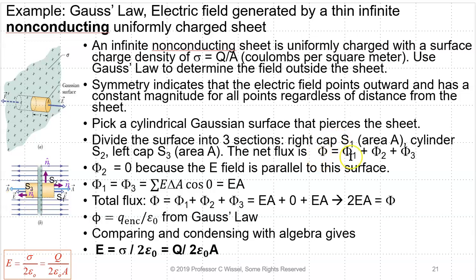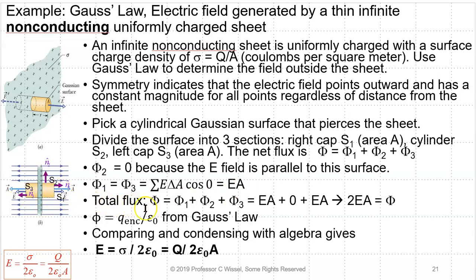The net flux is just the sum of the individual fluxes through all these areas. So flux equals phi1 plus phi2 plus phi3. Now, the flux through 2, which is this cylindrical surface, is 0 because the electric field is parallel to that surface. Phi1 and phi3 will be the same, and that will equal the sum of E delta A cosine 0, which just turns out to be E times A, where A is the area of either one of these end caps.